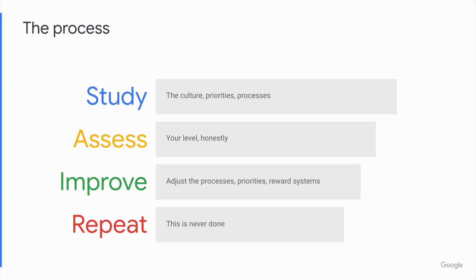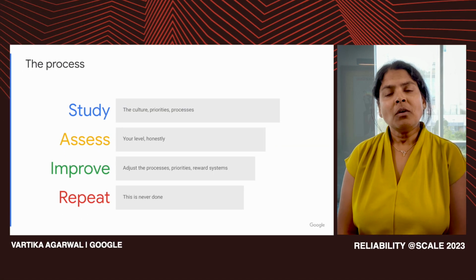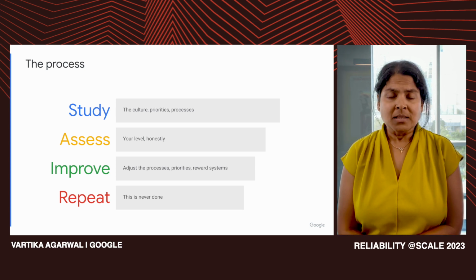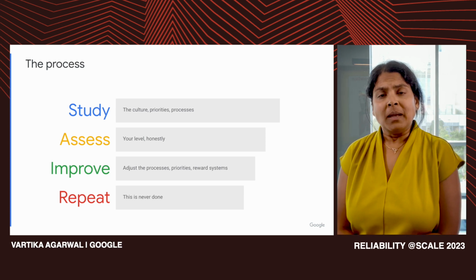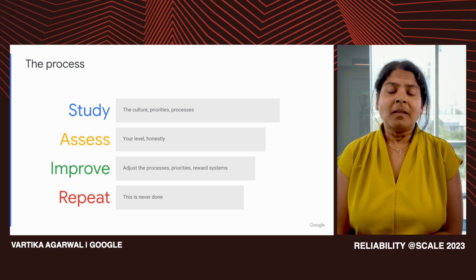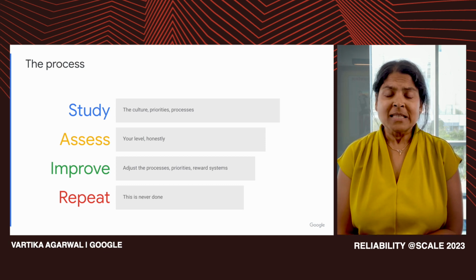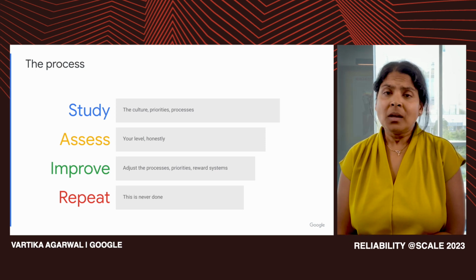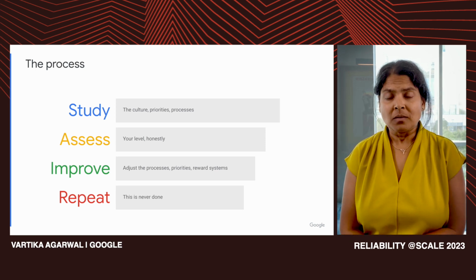It starts by the organization understanding its current state based on its culture, priorities, and processes. We call it the steady state. From here on, we ask the organizational leaders to assess where they want to be, and that's done by them honestly taking a snapshot of how the organization is doing based on interviews, observations, or surveys.